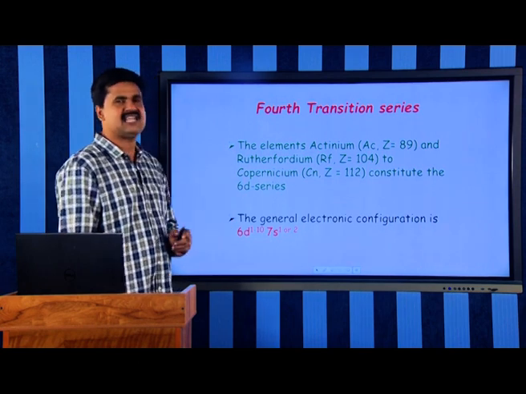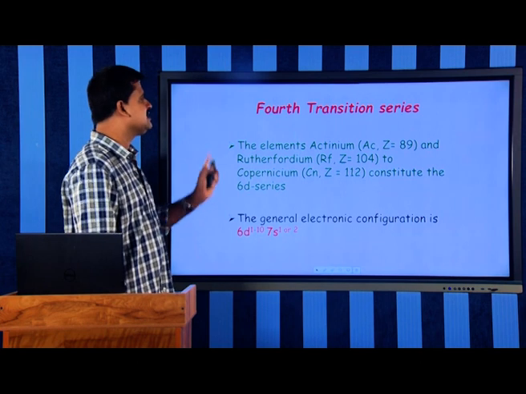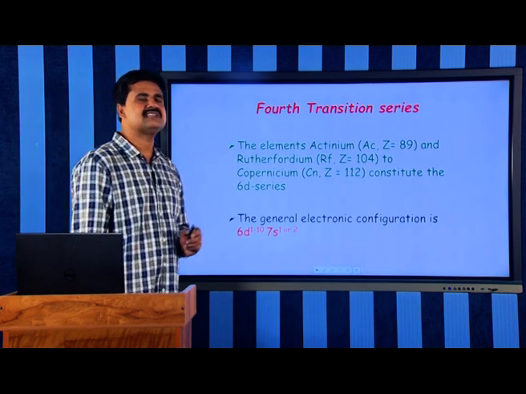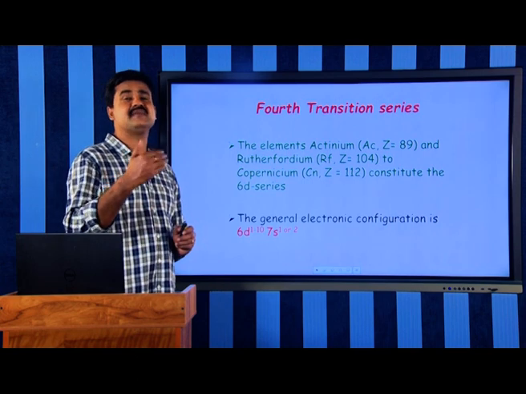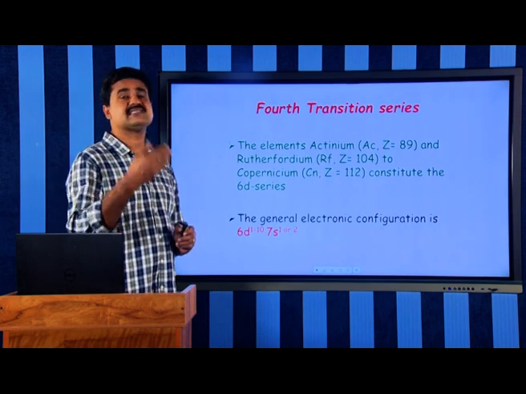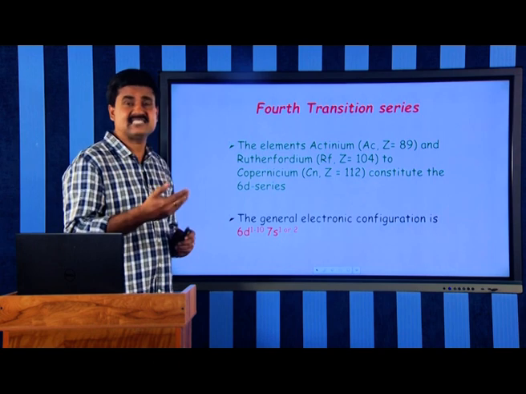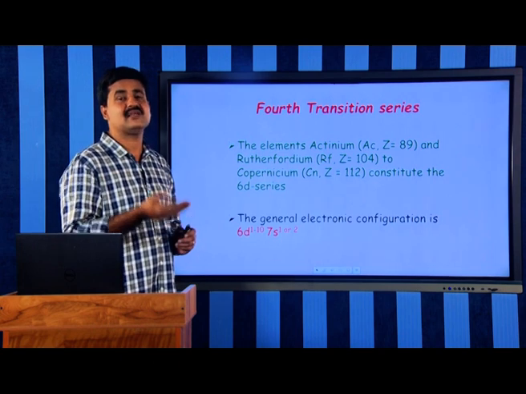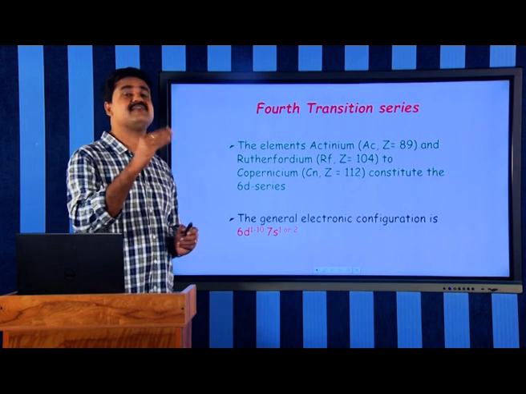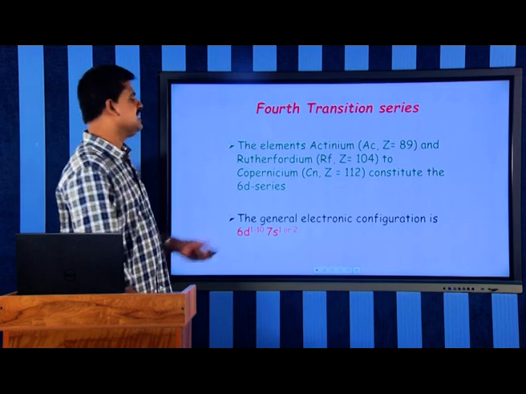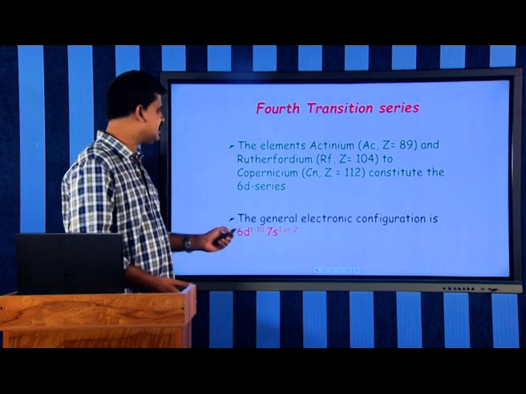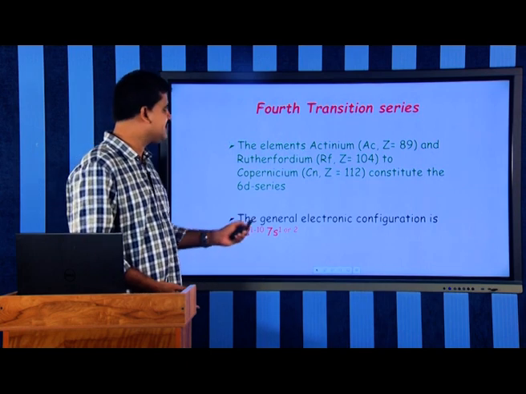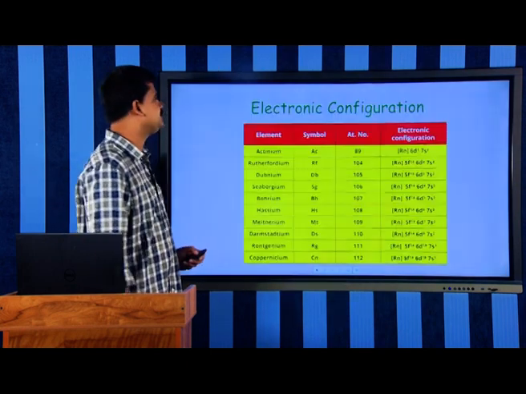Overall 10 elements. Between actinium and rutherfordium there are 14 elements. The elements coming after actinium are simply termed actinides, and they belong to the category of inner transition elements that we will discuss later. The general electronic configuration is 6d1 to 10, 7s1 or 2.